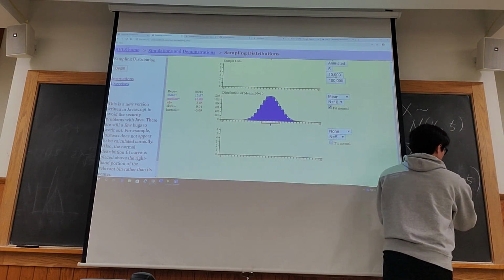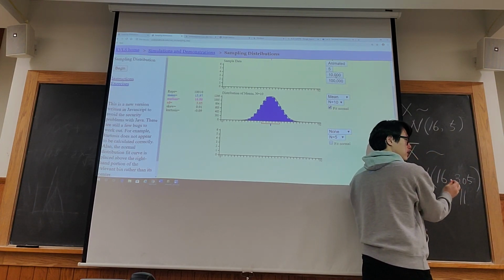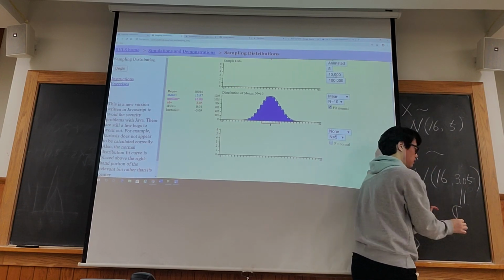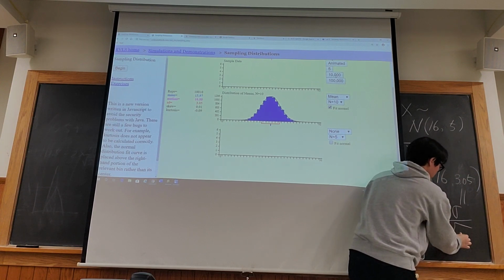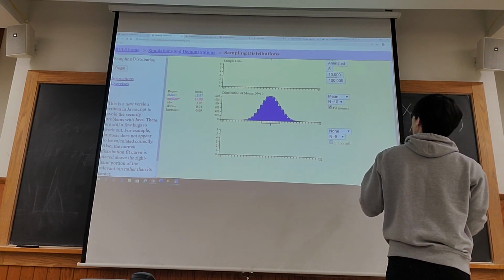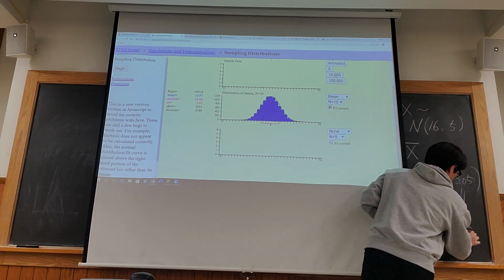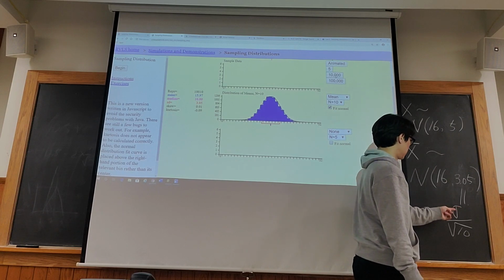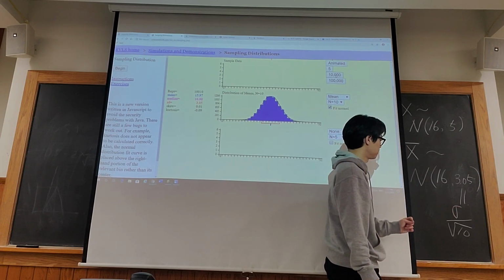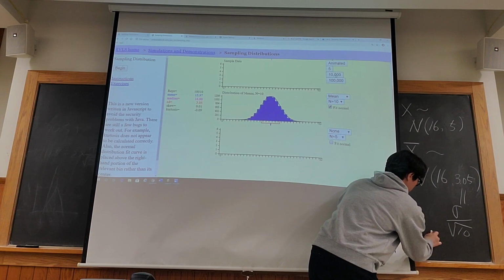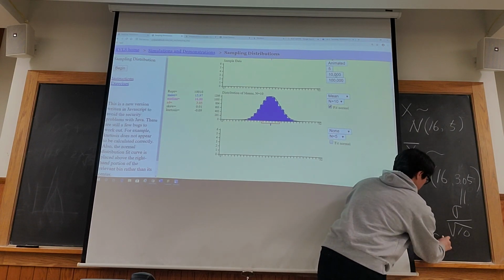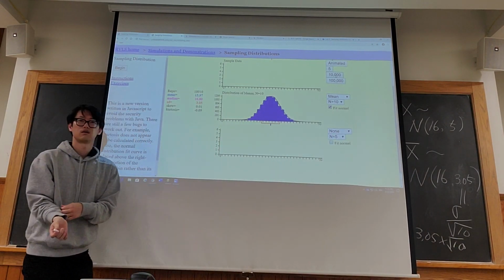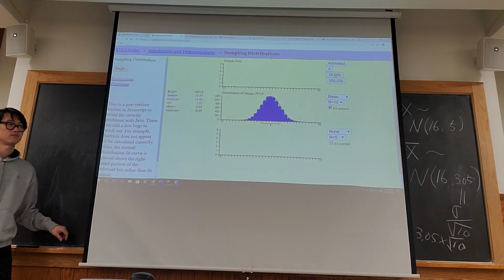But we know that this number can be calculated by the population standard deviation divided by the square root of the sample size, which is 10. So what is the population standard deviation? It will be 3.05 multiplied by square root of n, right? Okay, does it make sense?